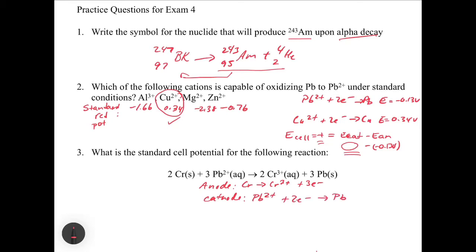So if we look up the standard reduction potentials for the chromium 3 plus and lead 2 plus, E cell is going to equal minus 0.13 volts, which is the lead. And then we're going to look up the chromium 3 plus and take it as it is from the standard reduction potential table. And you're going to find that that's minus 0.74 volts. So the E cell in this case is going to equal positive 0.61 volts.